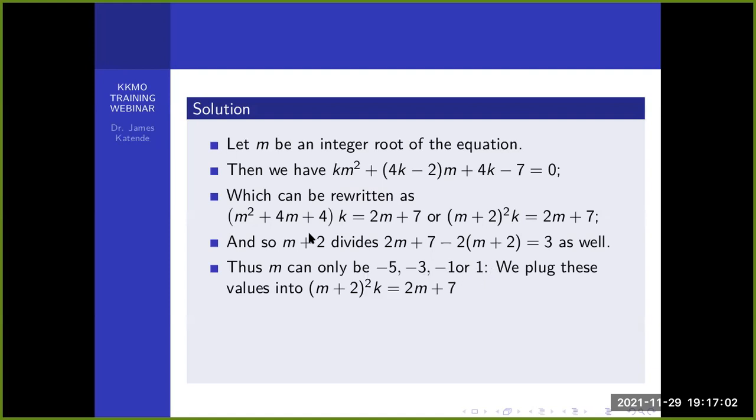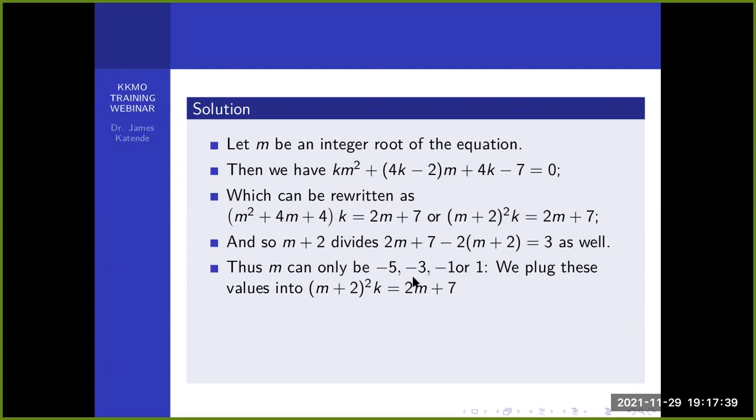So that simply means if m plus 2 is 1, then m will be -1, right? So 1 is a factor of 3. If m plus 2 is -3, then m is -5, and so on. So you keep doing that until you get all these 4 values.